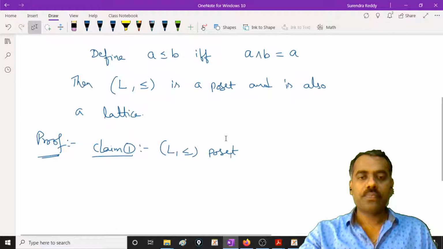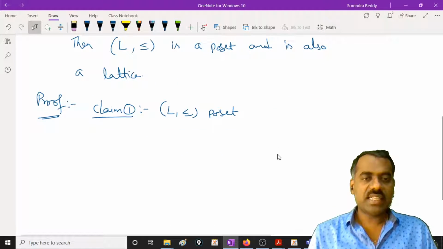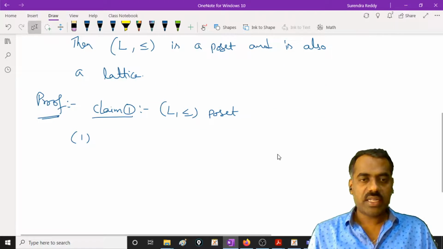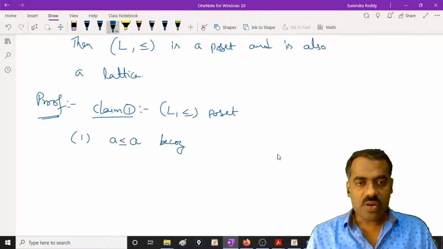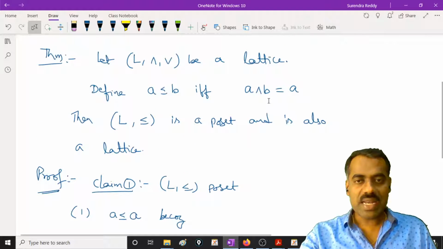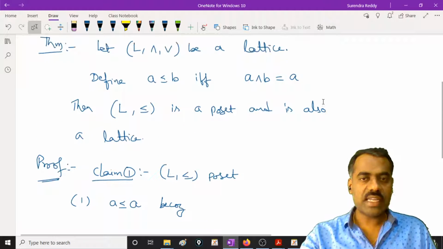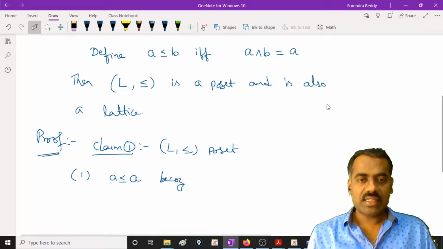That means we have to show that the relation is reflexive, right? So A is less than or equal to A. Whenever we want to prove one element is less than the other, we should keep in mind that when you meet, you should get the left-hand one, because A meet A is A. Why is A meet A equal to A?